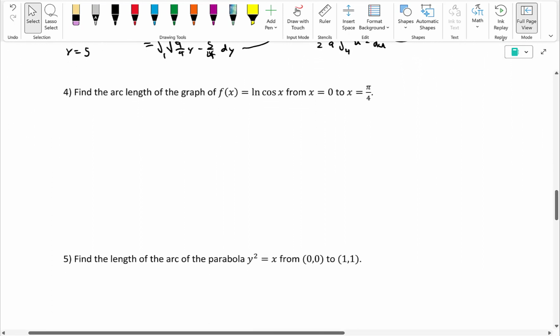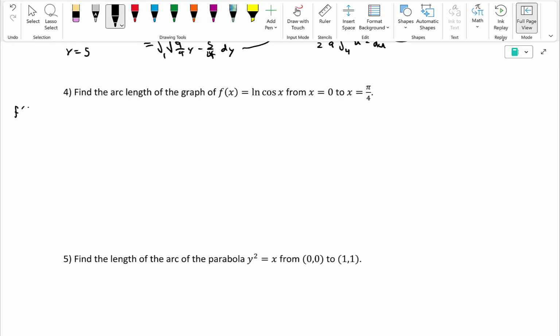All right, for 4, we're finding the arc length of the graph of f of x equals natural log of cosine x from 0 to pi over 4. So we're going to look at f prime. Natural log of cosine x would be 1 over cosine x times the derivative of cosine x, which is minus sine x. So minus sine x over cosine x would give us minus tan x.